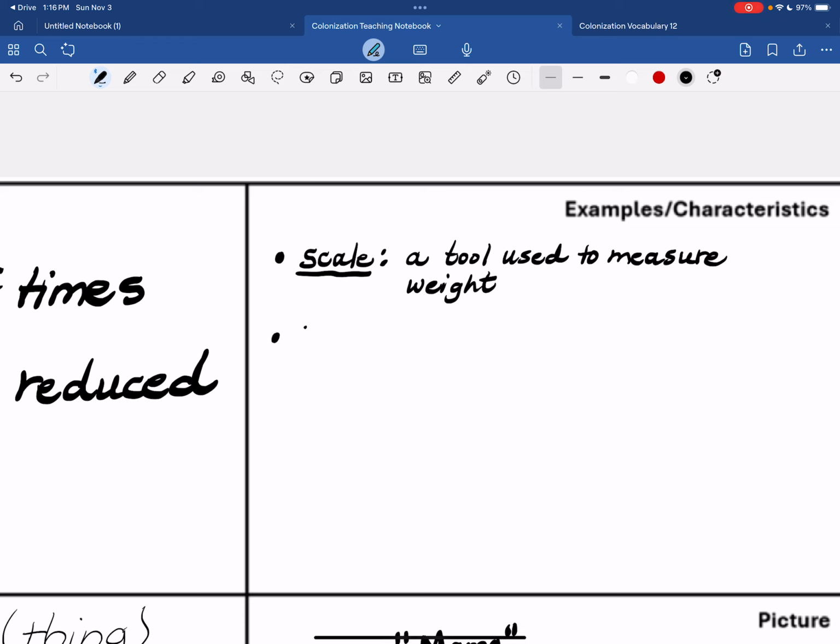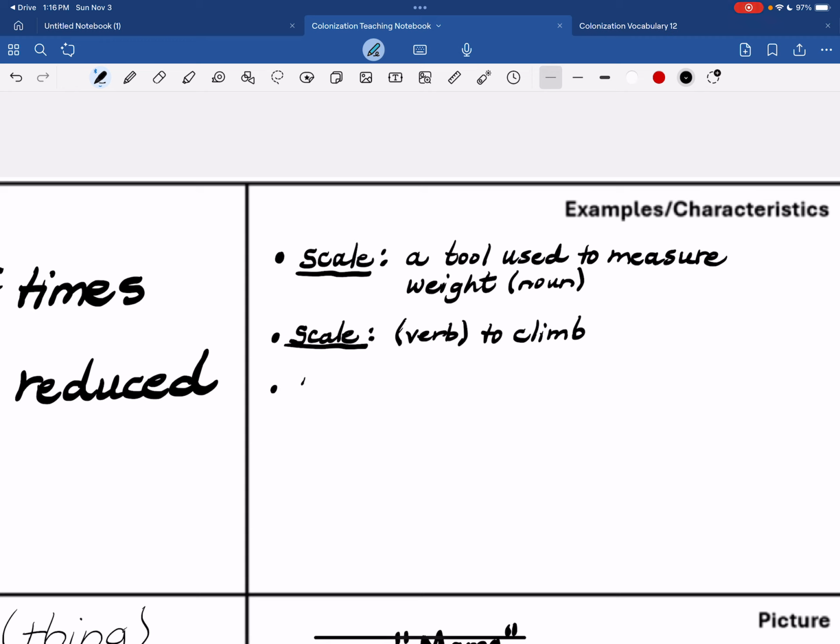Another way to use this word, the first one is a noun, it's a tool. This one is a verb, it's an action word. It means to climb. You may hear the term to scale a mountain. That means to climb the mountain.